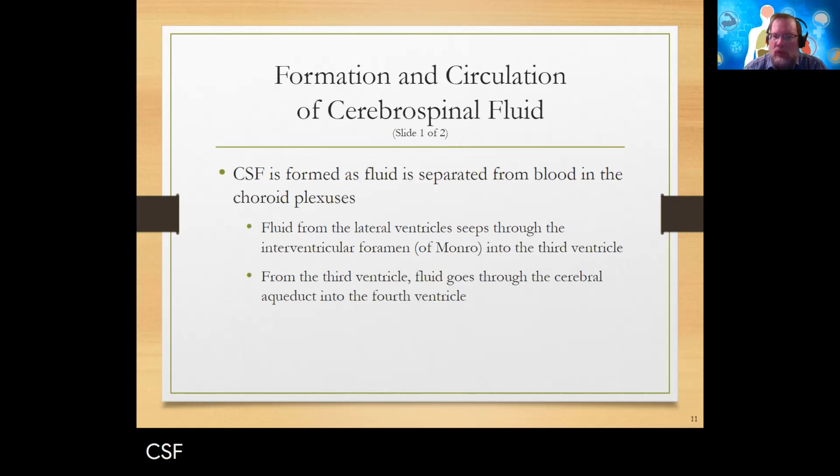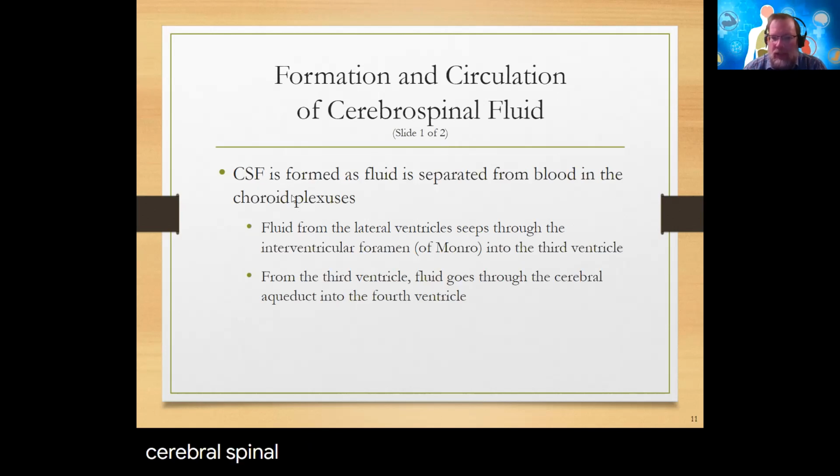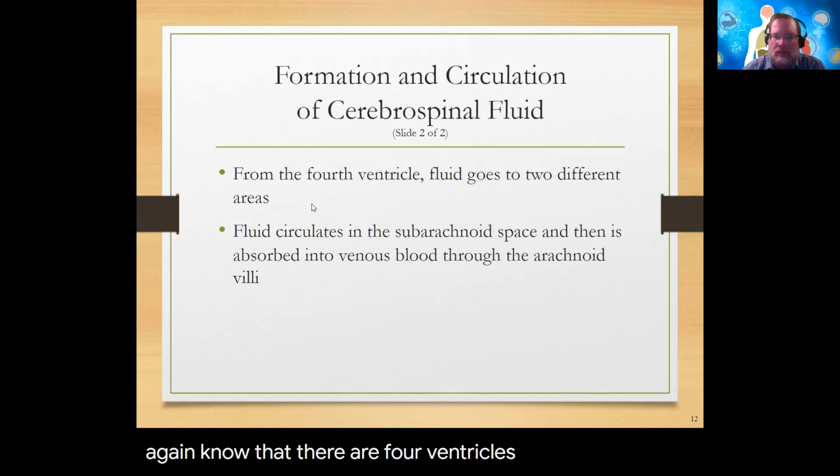I think it's important that maybe choroid plexus is a term you should probably associate with cerebral spinal fluid and the ventricles of the brain. And again, know that there are four ventricles as well.